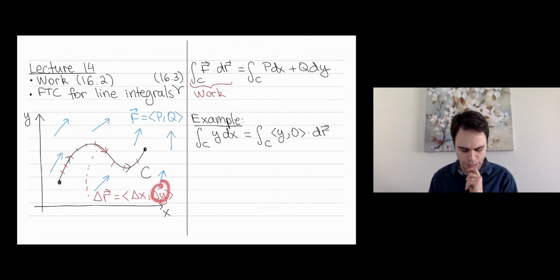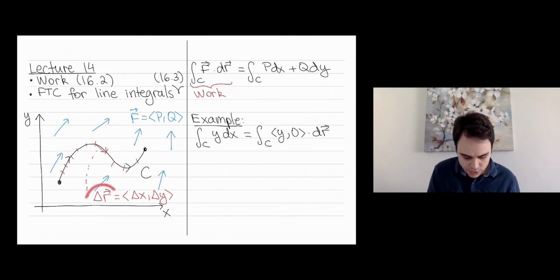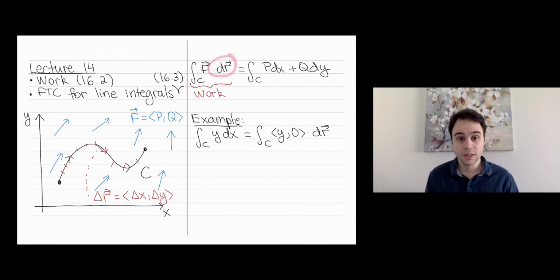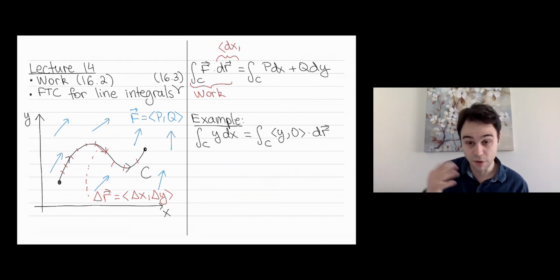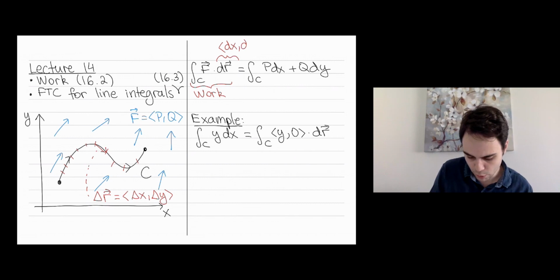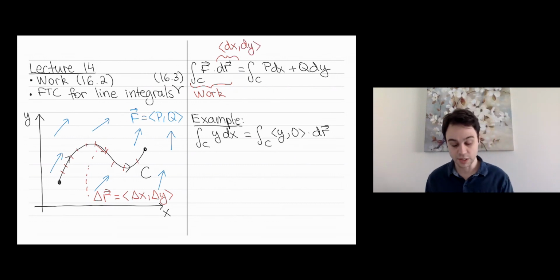So dr is the infinitesimal version of delta r, which has components delta x and delta y. We can think of dr as an infinitesimal vector whose components are themselves infinitesimals, dx and dy.